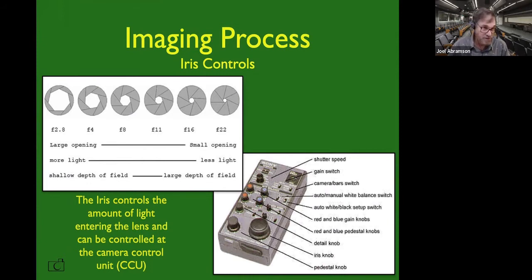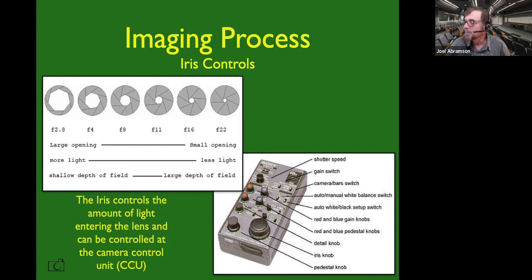Camera control units for our studio are located in the master control area, to the left of the server's position, all right? And we can mess with the CCU and mess with the irises, and you can see how it lets an amount of light in, or not.